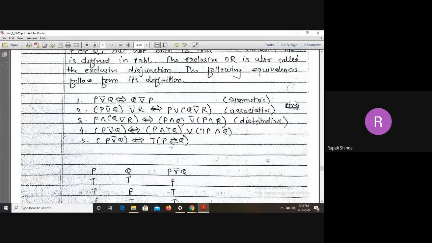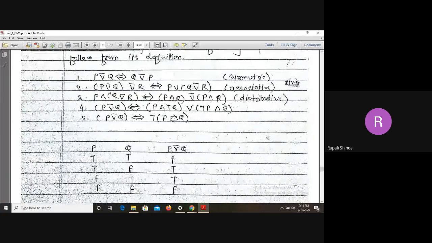Because we have seen that if P and Q have different values, then only you will get the final value T. Here P has truth value T and Q has F. This one is P and negation Q. Then only you will get the final value T. Or the second combination, negation P and Q. Then only you will get the final value T. That's why P XOR Q is equivalent to P and negation Q or negation P and Q. We have taken this formula from these two rows.